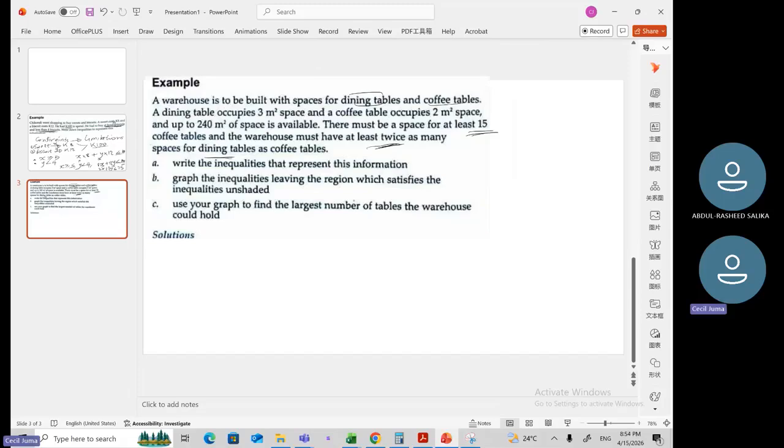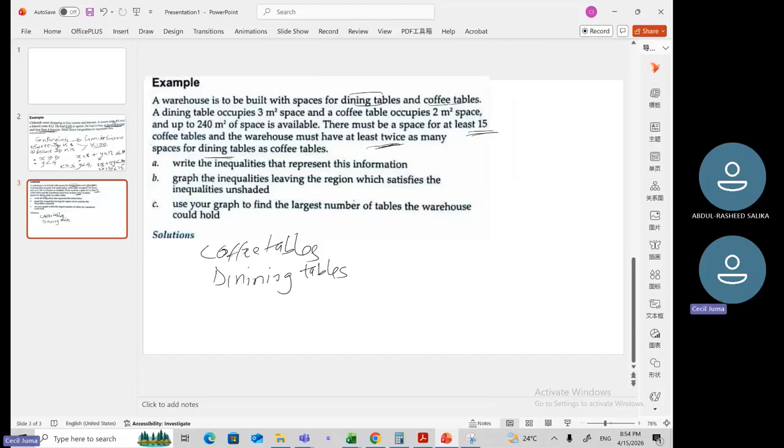So now let us see what they talk about. In simple terms, we have coffee tables, then we have dining tables. That's the first thing. You are trying to understand what you are given.